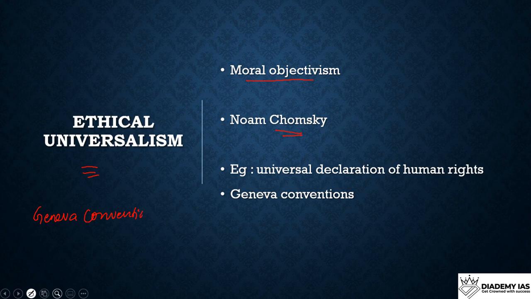Because the basic thing behind universalism is that societies are now joining due to globalization, due to interconnectedness, due to the internet. We are getting closer and closer. So societies are connecting, and there should be some values which are followed everywhere.